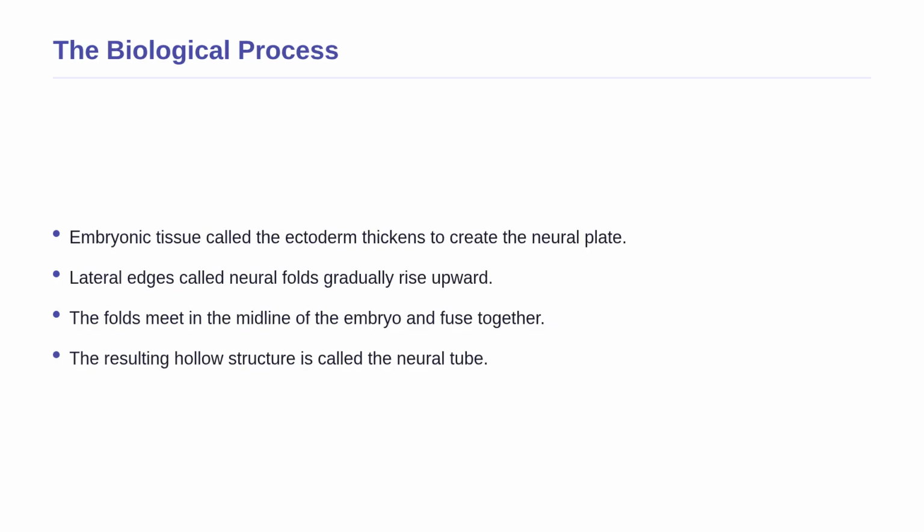Building on that sleeping bag analogy, let us look at the formal biological terms for this process. Neurulation begins when a specific layer of embryonic tissue, known as the ectoderm, thickens to create the neural plate. As development continues, the lateral edges of this plate, which we call the neural folds, gradually rise upward.